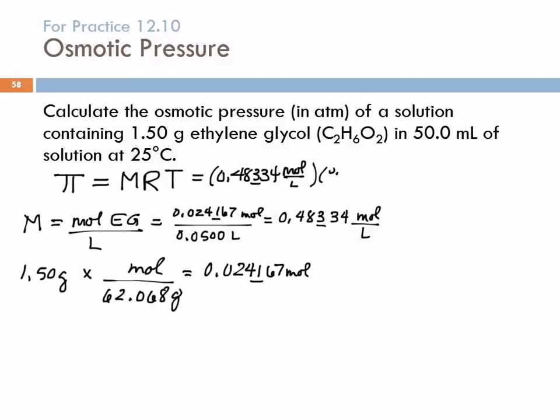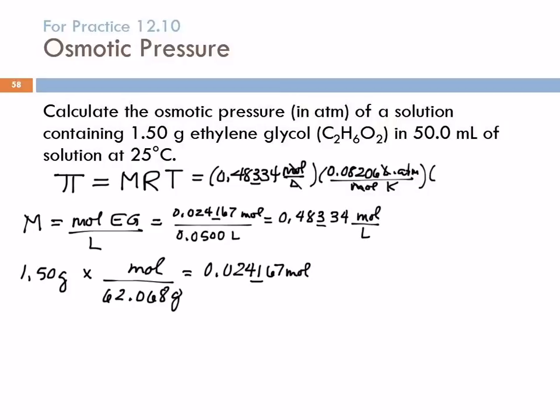0.08206 liter atmospheres per mole Kelvin. Oh, we've got the moles and the liters canceling out already.